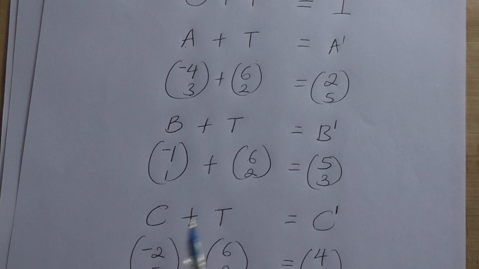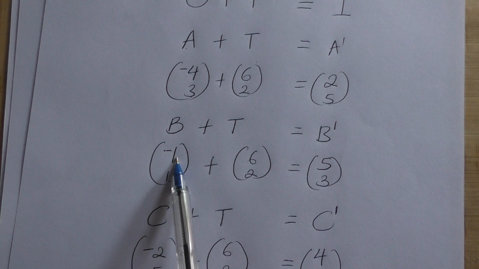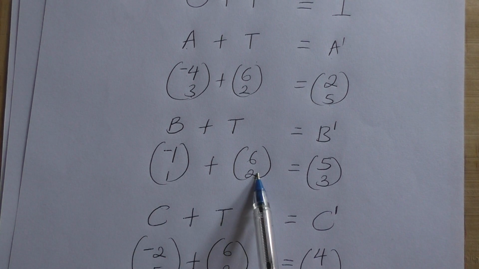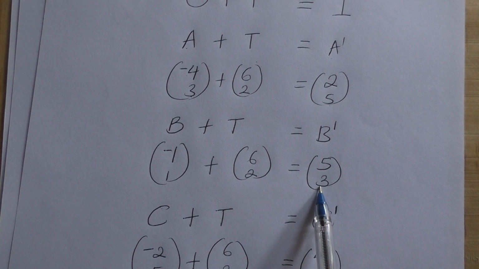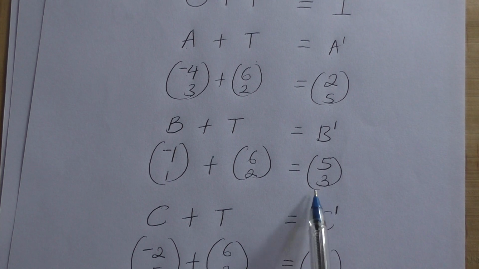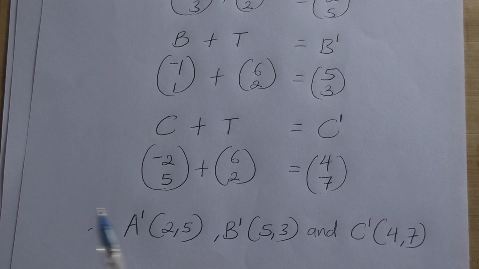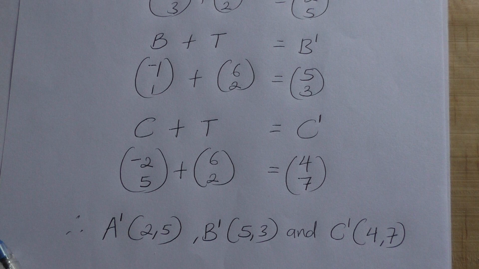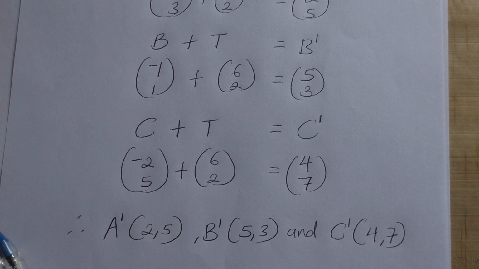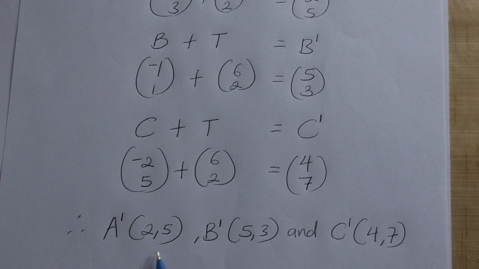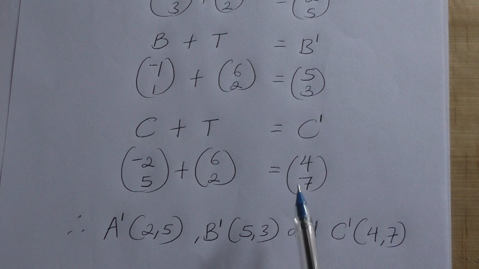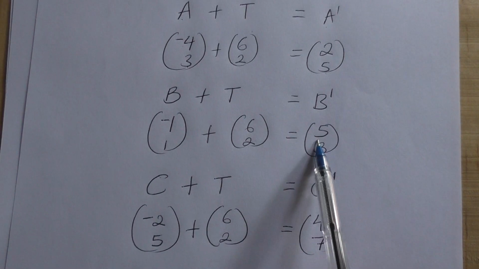The same applies to B. We add point B plus the translation vector to give us the image of B. And the same we do for point C. And after getting the images of A, B, and C, we shall get the coordinates from the respective vectors.